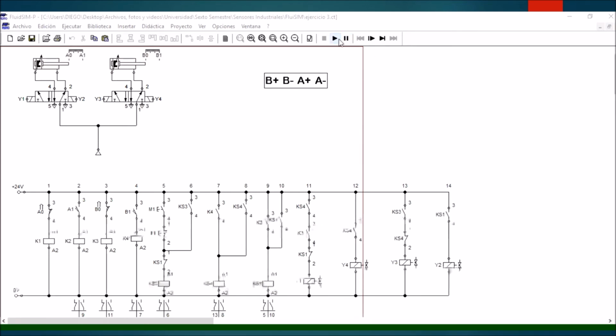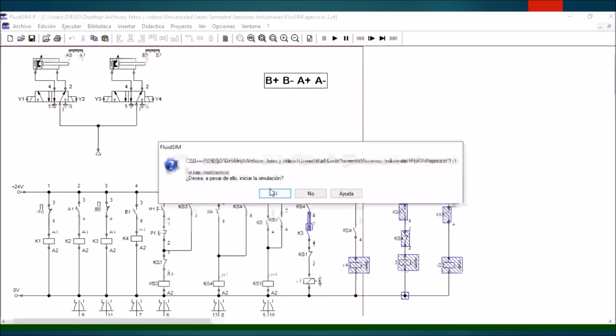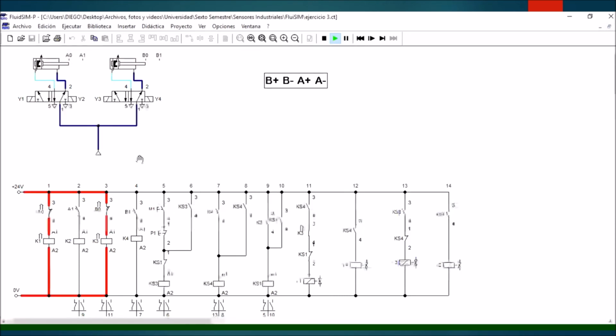I presented the simulation of the electropneumatic sequence with the start control.